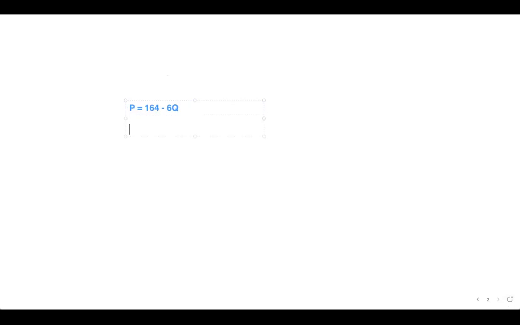And for supply, I'll put joint MC, what did you get, Devara, for the equation? I got 2.22Q. Okay, so in our case, that would be our P equals 2.22Q, right? Supply.